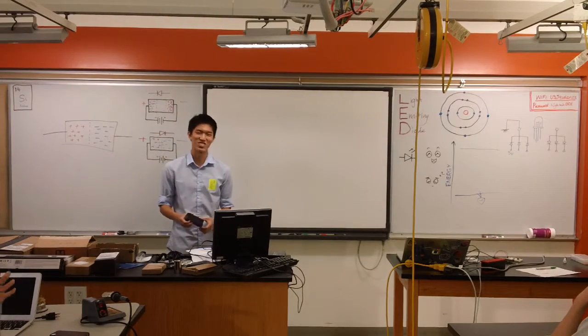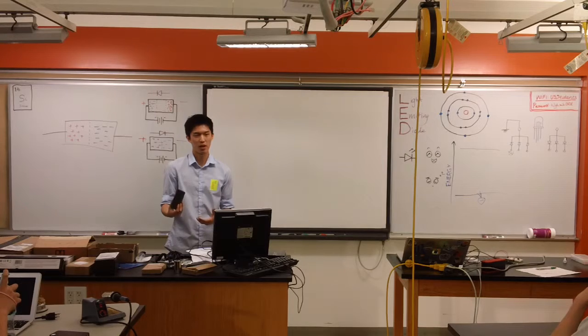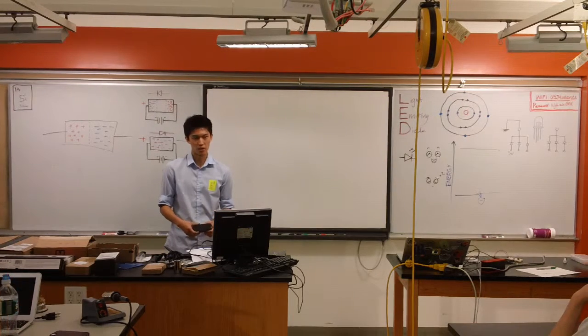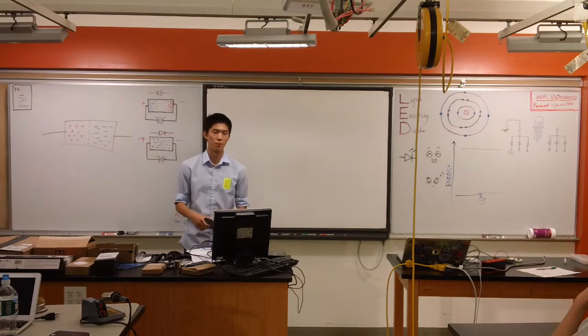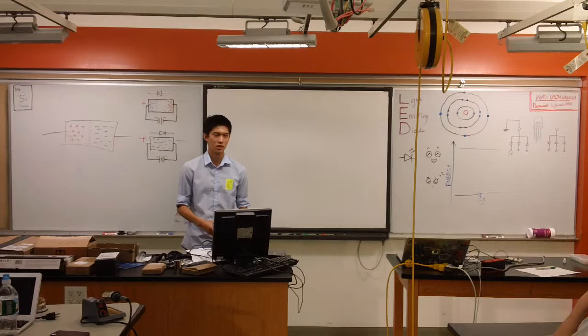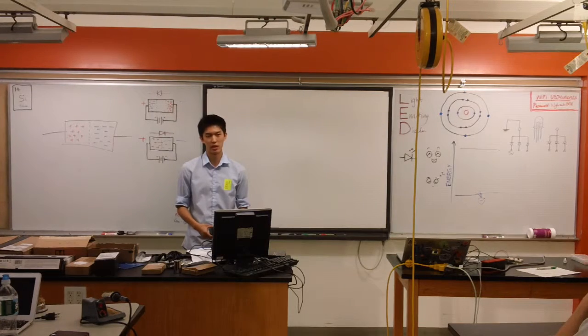I'm not actually 100% sure, but I'm pretty sure they all get excited and some don't. But they obviously emit radiation of some sort. And I think normal diodes are just emitting radiation that's so low energy that it's not even visible, it's just infrared.